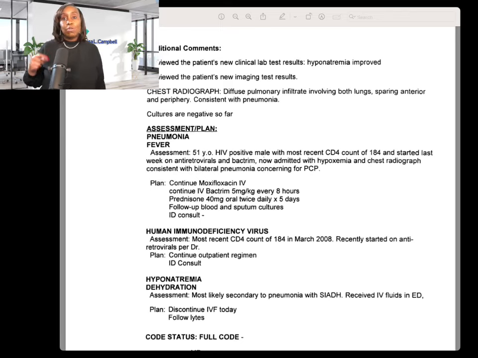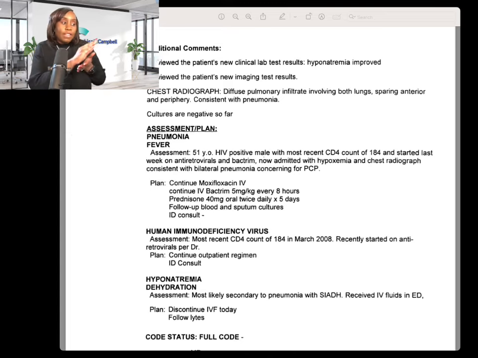One reference I will tell you that I use quite frequently is the Merck manual. And one of the things that I love about the Merck manual, the Merck manual for professionals, not the Merck manual for consumers, is that it gives me the diseases. It gives me an overview of the diseases. It gives me the signs and symptoms, the etiology.